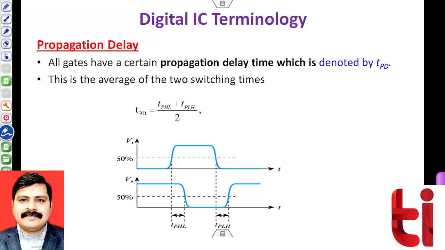My output is moving from high to low, so it is the propagation delay from high to low. Accordingly, when there is a falling edge, we find the propagation delay for that edge. The average of these two times is my propagation delay. So this is all about the various parameters.